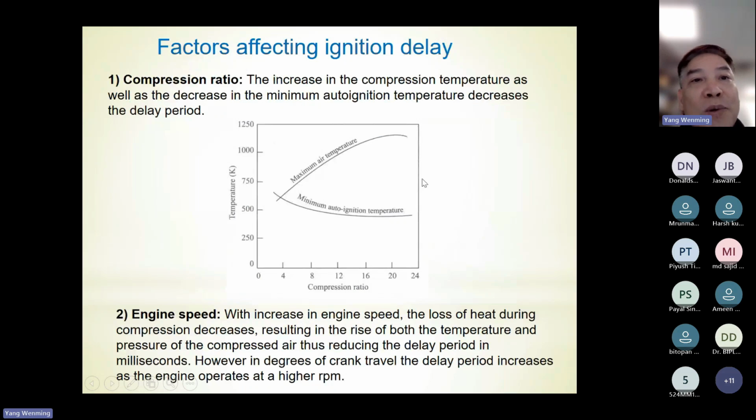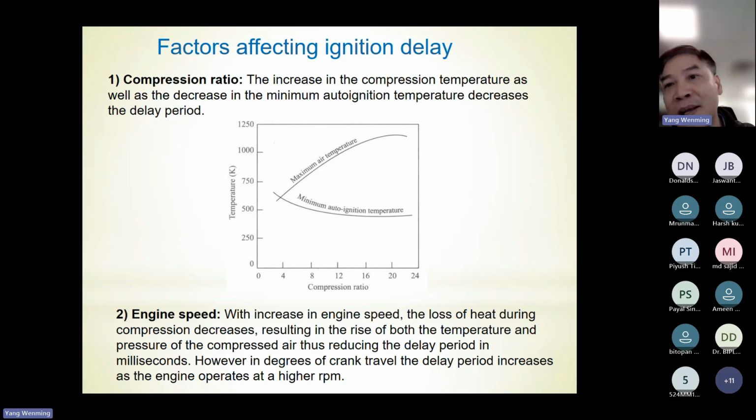Here we show you the major factors affecting the ignition delay time. The first one is the compression ratio. Basically, a higher compression ratio means a higher temperature, correct? So with an increase of compression ratio, the temperature will increase, so the ignition delay time will decrease, correct?